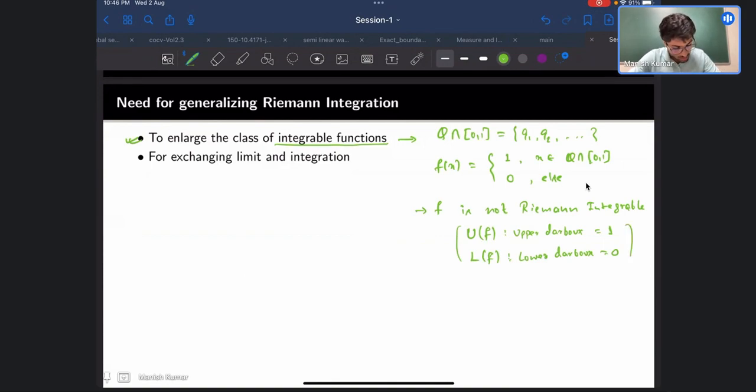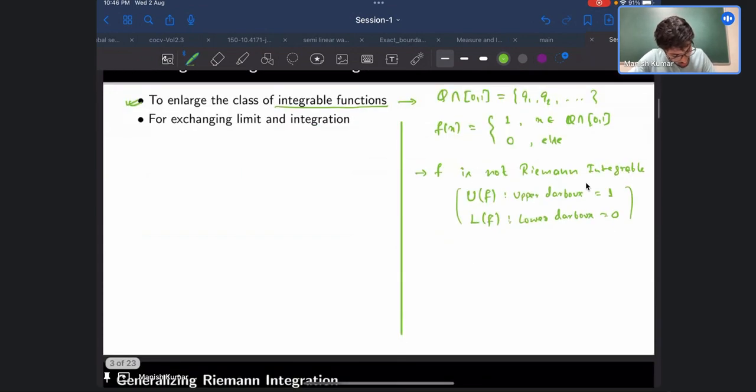Okay, but if you see this function, you already know that Q intersection [0, 1] is countable, and [0, 1] minus Q is uncountable, right?